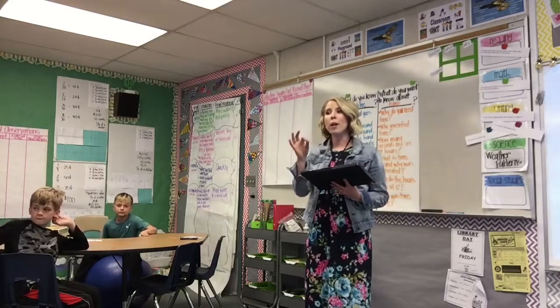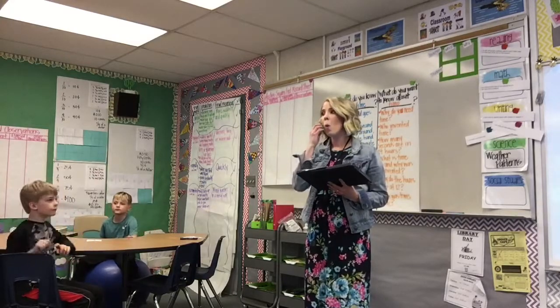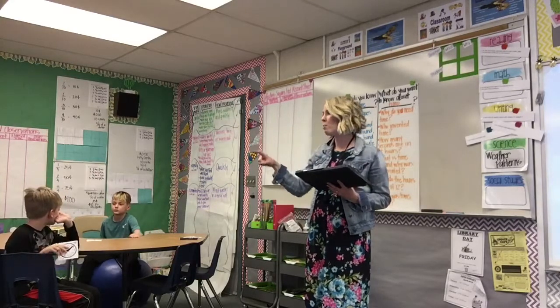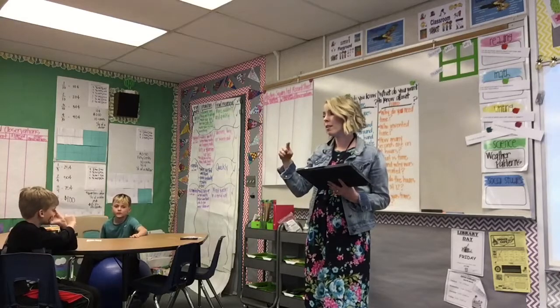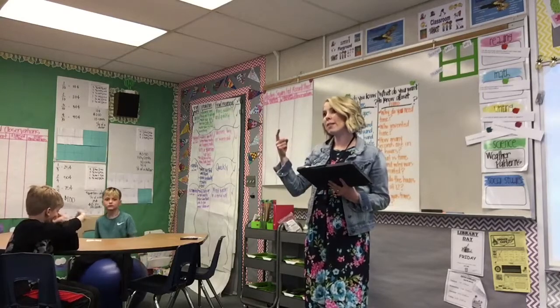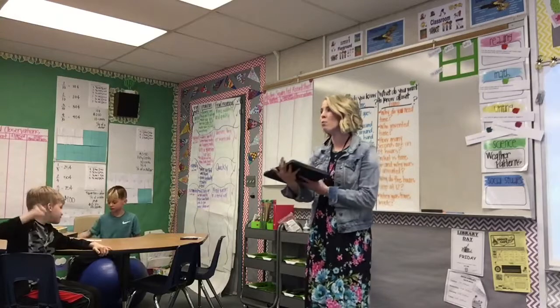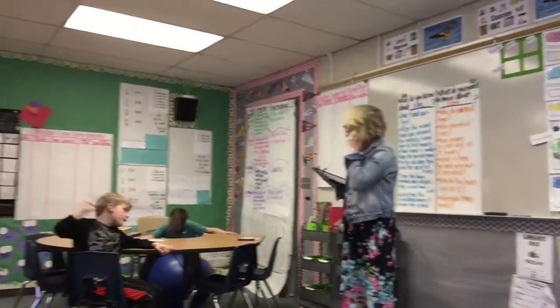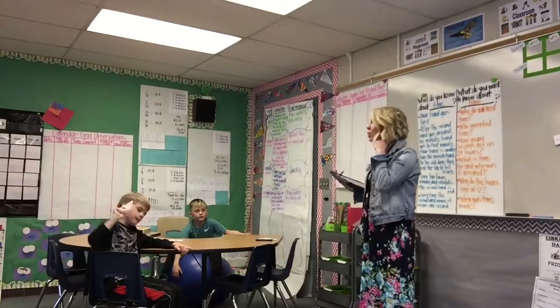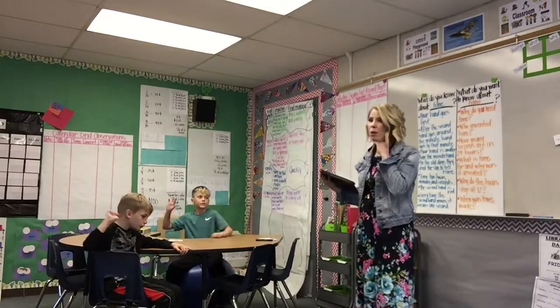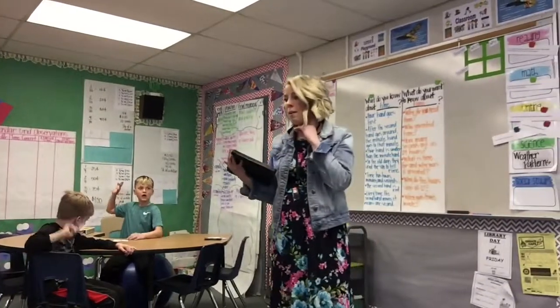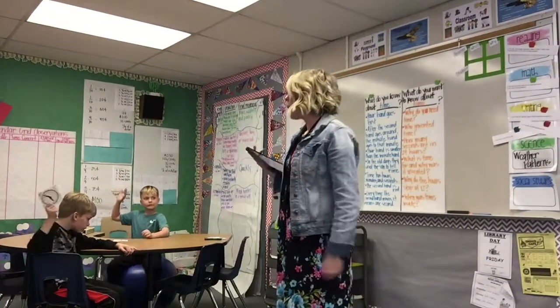But I want to point out that each time I was moving my minute hand by 5 minutes, the hour hand was moving. It was getting closer and closer to the next hour. Why would that be?